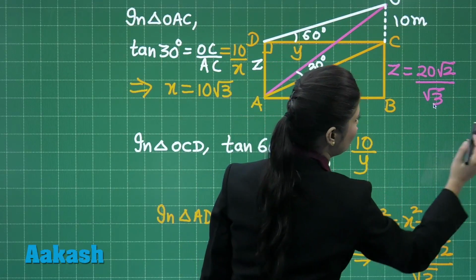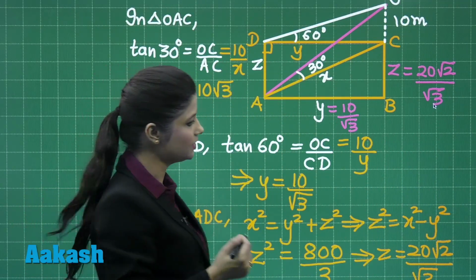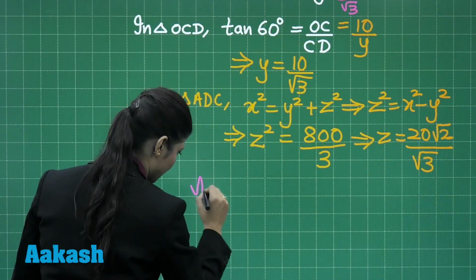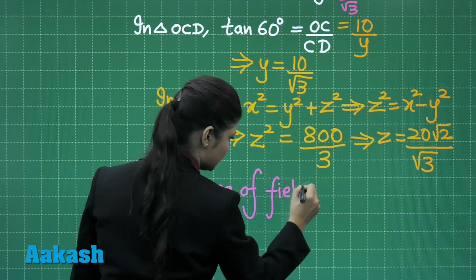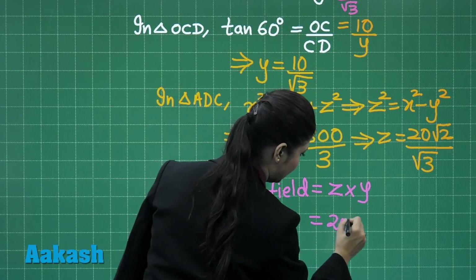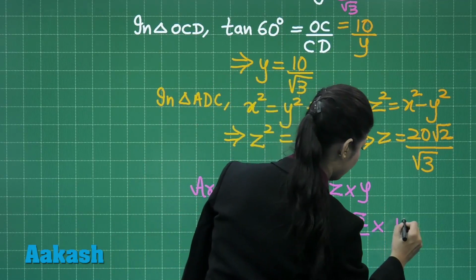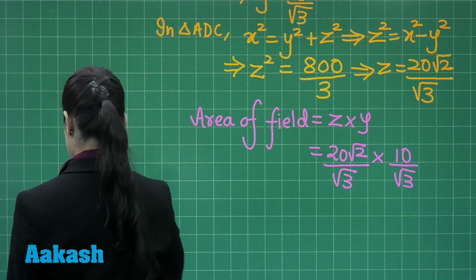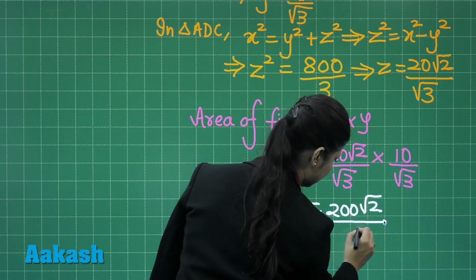So, in this question, as you need to obtain the area of this rectangular field, and as you know the area of a rectangle is length into breadth, you can write the area of field is given by z into y, which is equal to 20 root 2 upon root 3 into 10 upon root 3, which you can easily simplify to get your required answer as 200 root 2 upon 3.